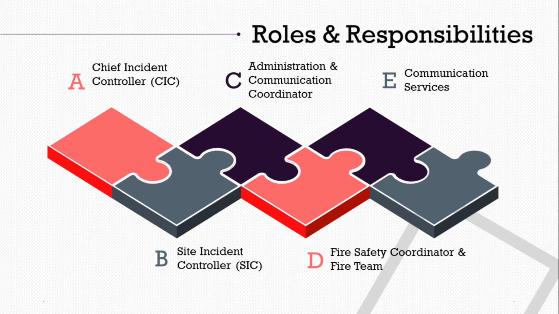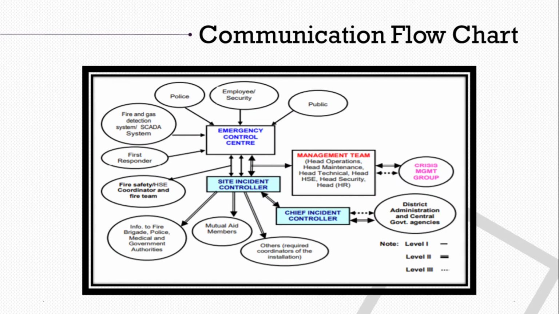Next slide. The given flow chart shows communication for the notification of emergency. It also describes the three levels of emergency as shown in the note. Control centers shall receive information from the field either in person or via various systems available.